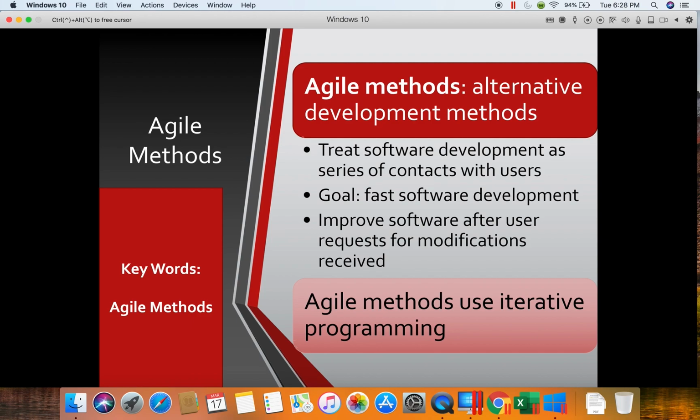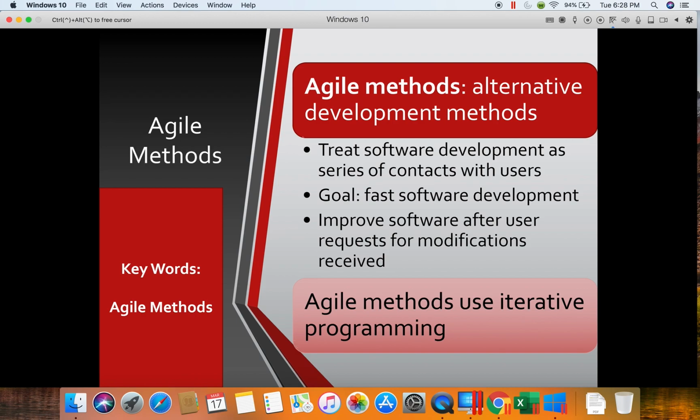So they treat software development as a series of contracts with users, with the goal being the fast development of software to satisfy the requirements that have been identified, and then improving the software shortly after the user requests modifications.